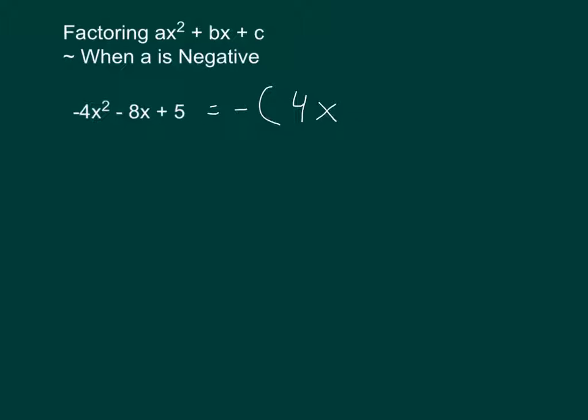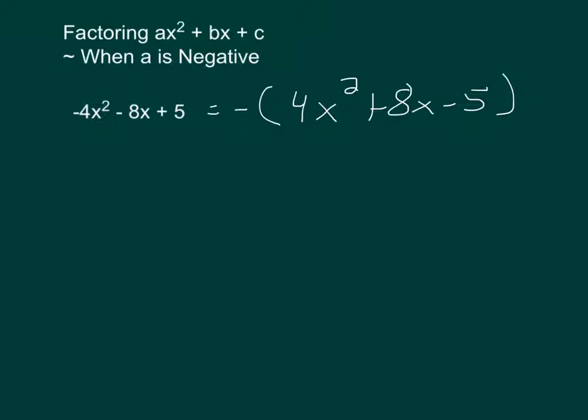Rewrite this as negative times the quantity 4x squared plus 8x minus 5. You can see that if we were to distribute that -1 back into the trinomial, we'd end up back with our original quadratic trinomial.